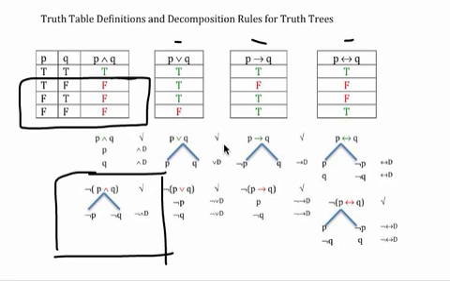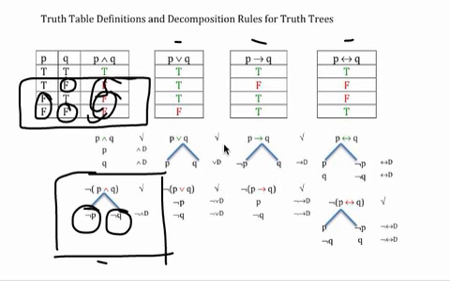And so we notice there that there are two different ways in which the entire statement could be made false. We see that whenever our p value is F, the whole thing is F. And whenever our q value is F, the whole thing is F. Right? So what that tells us is we don't know which of those is the case, but we do know that either not p or not q.